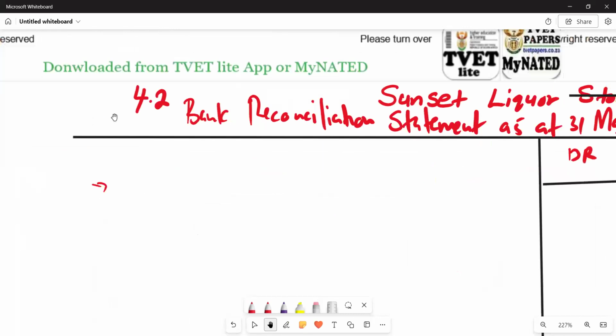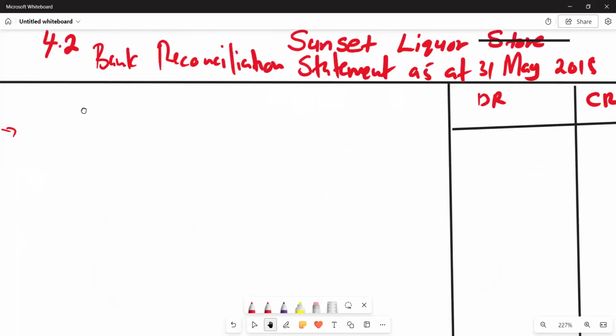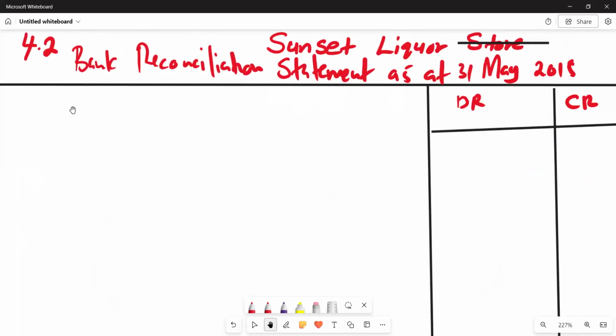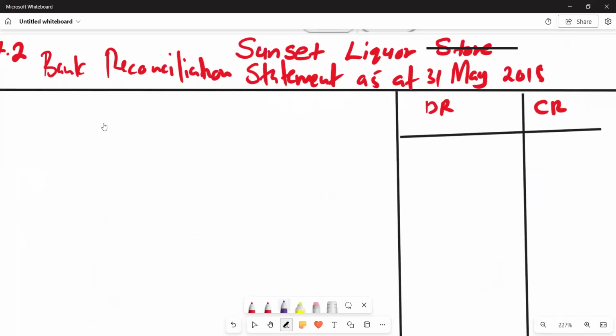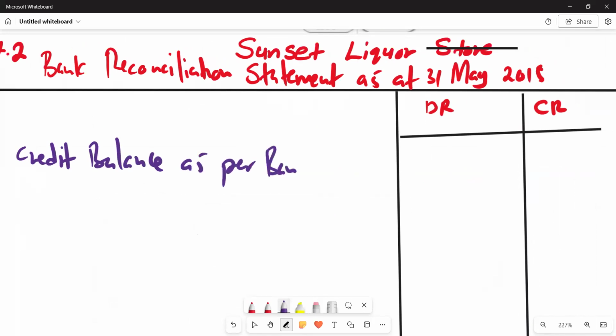So we are saying at the beginning, we have got a credit balance. We are saying credit balance as per bank statement.